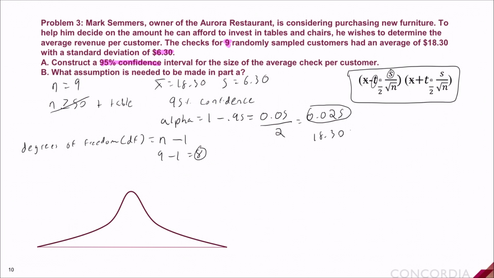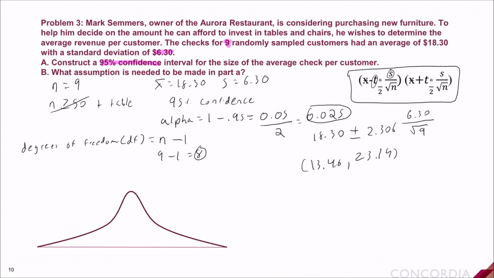18.3 plus or minus our t value of 2.306 times our standard deviation, 6.3, divided by the square root of n, which is 9, gives us an interval of 13.46 and 23.14.